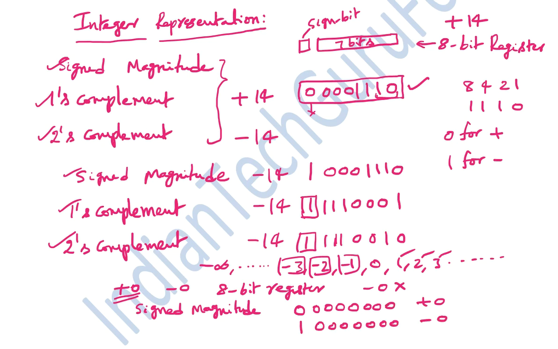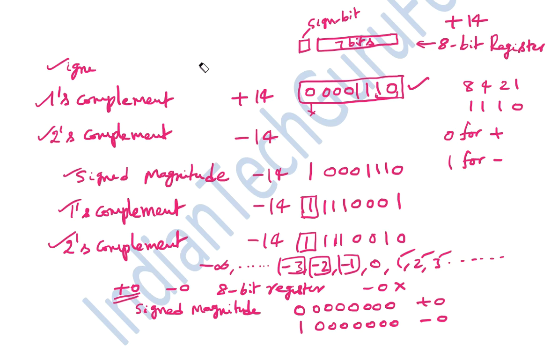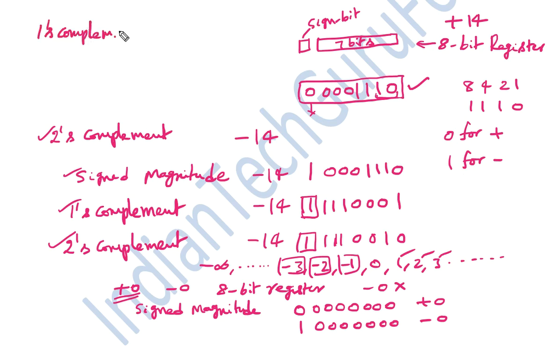Similarly, if you want to represent plus 0 and minus 0 using ones complement representation, we have already discussed that positive integers are represented in the same way, be it signed magnitude, ones complement or twos complement.